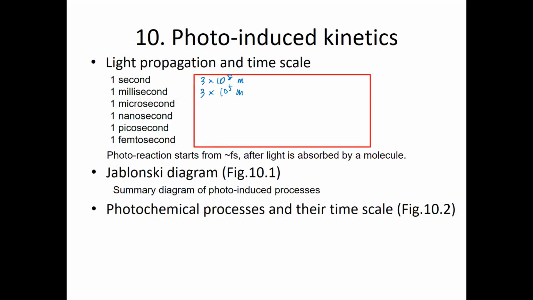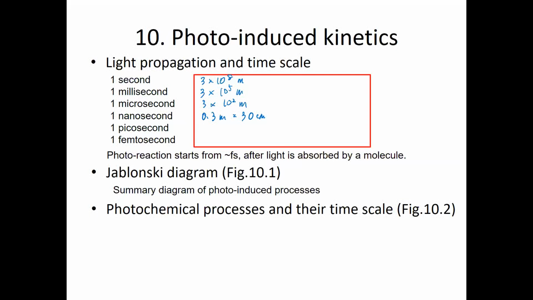And on the microsecond, it's about 300 meters, like 1 round of an athletic ground. Roughly in 1 nanosecond, it's 0.3 meter, which is 30 centimeters, the same as the linear ruler you used to use.